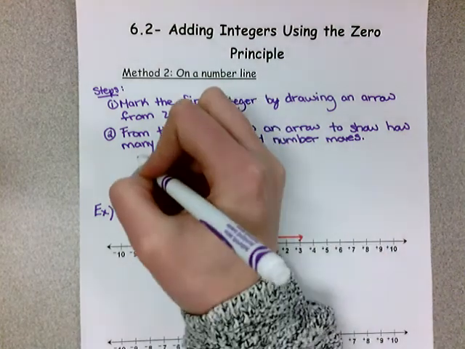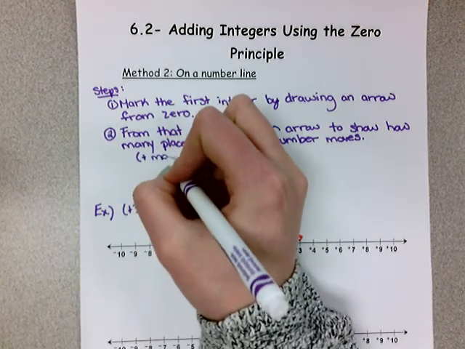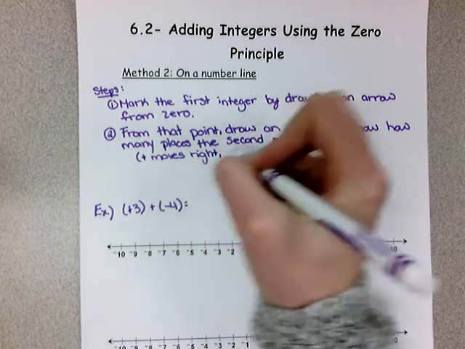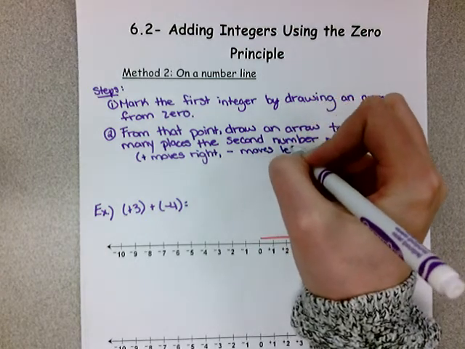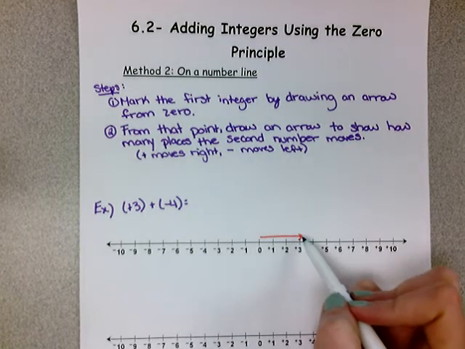So keep in mind that if it's a positive number, it's going to move right. If it's a negative number, it's going to move left. So down here where we have positive 3 plus negative 4, it's a negative. So now we're going to be moving to the left, and we go left from where we ended up.